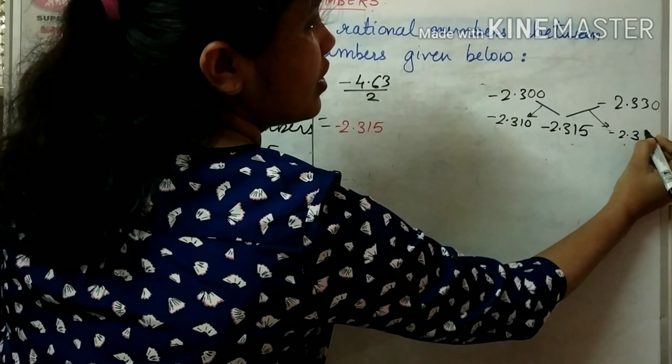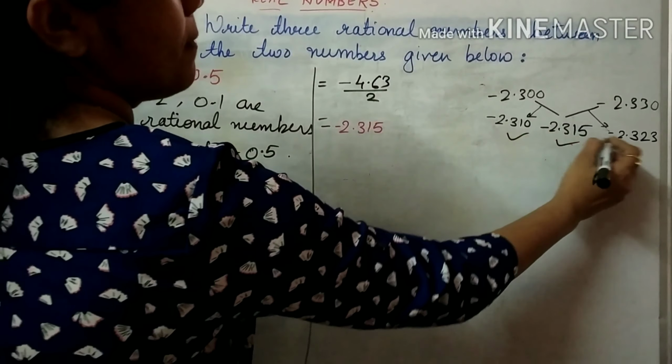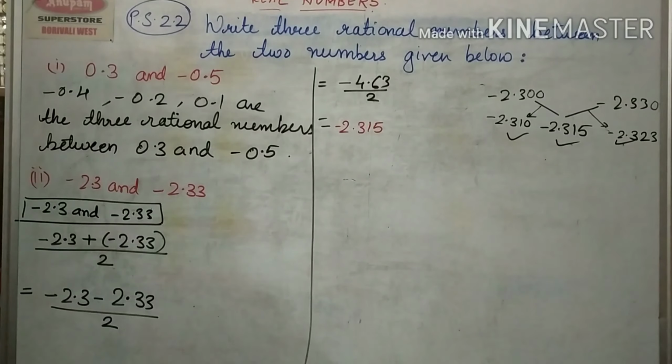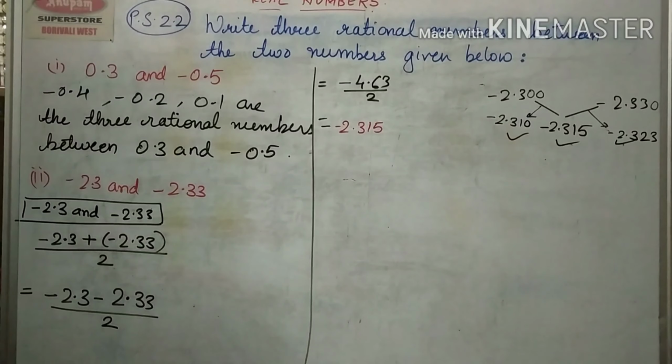So 2.323 suppose. So I have got my 3 numbers. Okay, so that I am going to write down here. One number is this which I found out originally, and the other 2 numbers I found out by looking at the numbers.